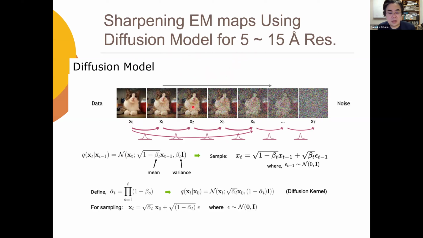This is the general introduction of diffusion models. What a diffusion model does is learn the pattern of how a sharpened image is degraded to a noisy image. And by reversing the process, we can make a noisy image into a much sharper image.